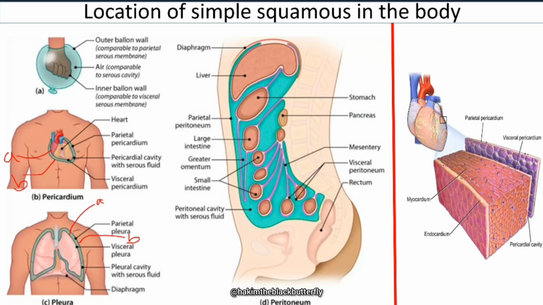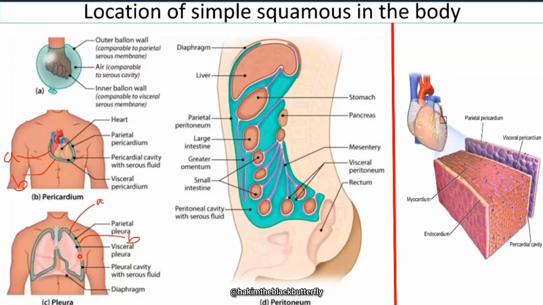So this one around the heart, specifically you can call it the visceral pericardium, because peri means around, cardium means heart. So it's a visceral layer around the heart. B is the parietal pericardium. Okay.